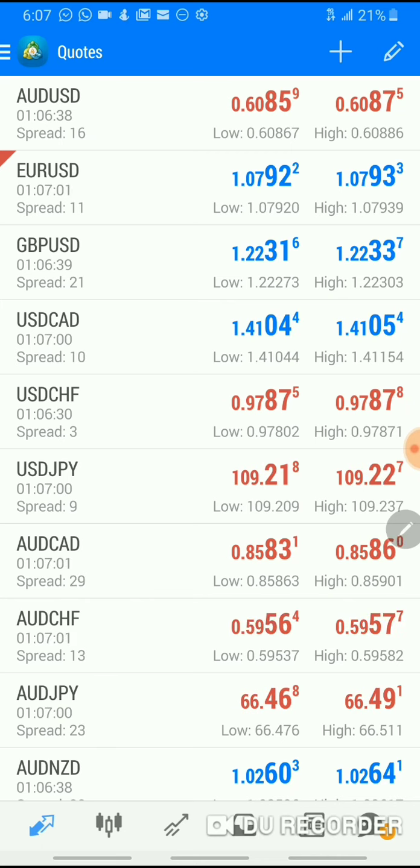Just an example. Sometimes it happens, sometimes it doesn't. It happens for multiple brokers, and all brokers do jack up spreads at certain times, and depending on the volatility of the market, spreads go pretty insane.